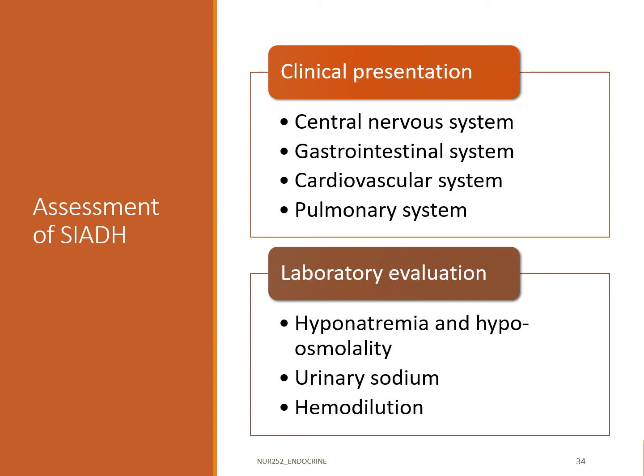In relation to the CV system, patients may present with complaints of weight gain and elevated blood pressure. Pulmonary findings related to the fluid overload will display an increase in respiratory rate, dyspnea, adventitious lung sounds, and frothy pink sputum. Low urinary output with a high specific gravity urine, so it's very concentrated.